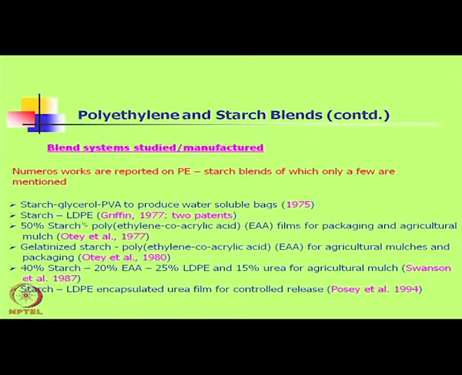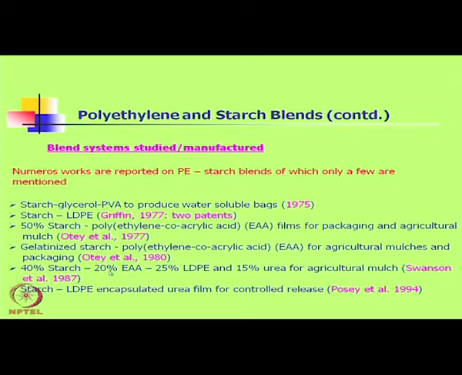Starch LDP blend has been produced and patents have been taken on this process technology. 50% starch polyethylene coacrylic acid polymer, acrylic acid ethylene copolymer with 50% starch, that also have shown very good degradation properties, and that has been used for packaging and agricultural mulch film. Gelatinized starch was also blended with ethylene acrylic acid copolymer for agricultural mulch application as well as packaging.